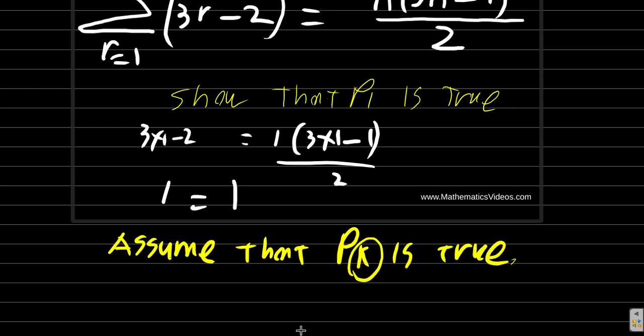Notice k is not any specific number, because if you write a specific number, the question will be, what about the number before it? And even if you show the number before it, the question is, what about the number after it? So you write k.